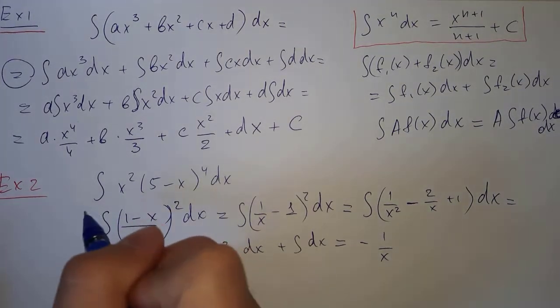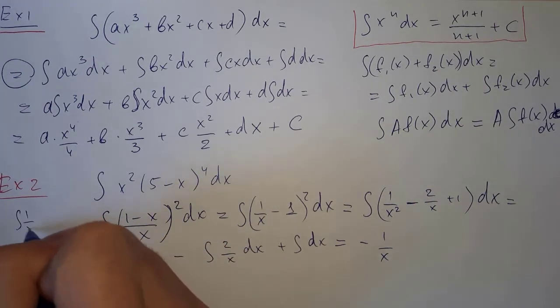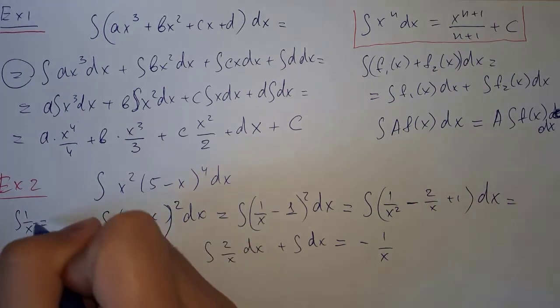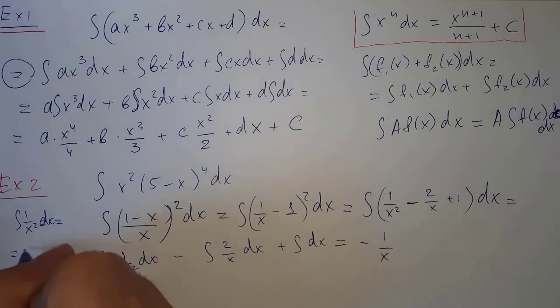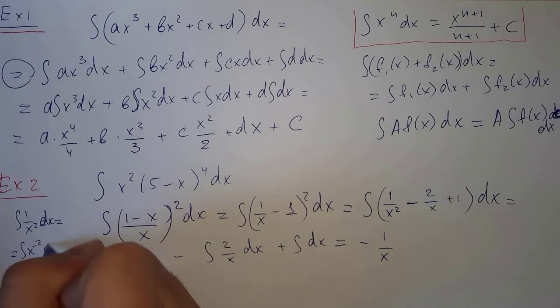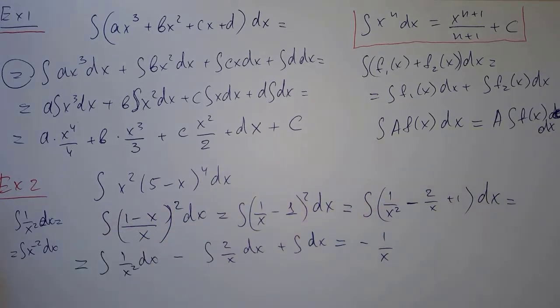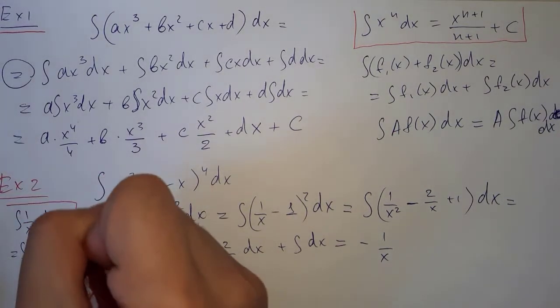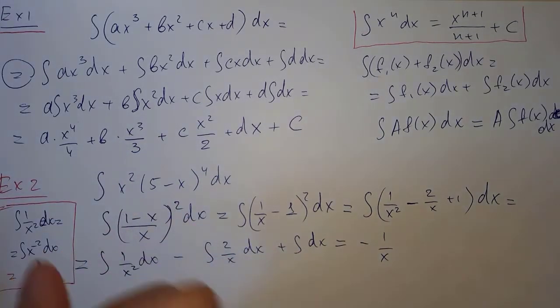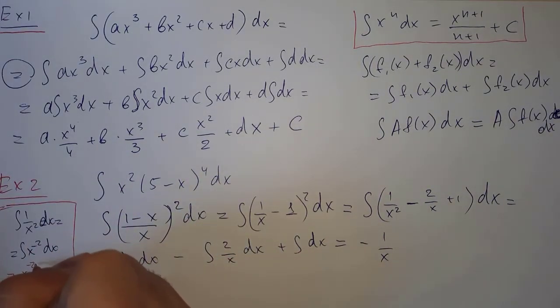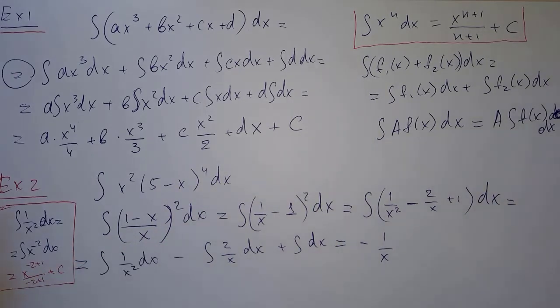The integral of 1 over x squared dx is the integral of x to the minus second degree dx, or it will be now x to the minus 2 plus 1 over minus 2 plus 1 plus c.